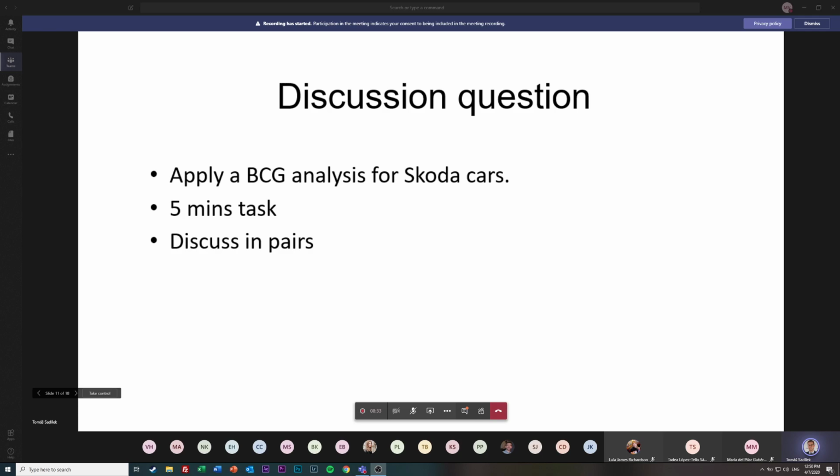It's going to be an in-group task. First, you should distribute yourselves into groups like you did in the previous examples, for example the groups for the Ishikawa diagram or other previous tasks, and you should basically answer the question: how could we distribute the models of Skoda cars into the BCG matrix?